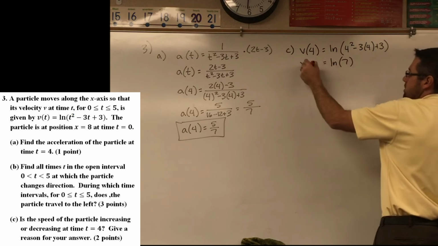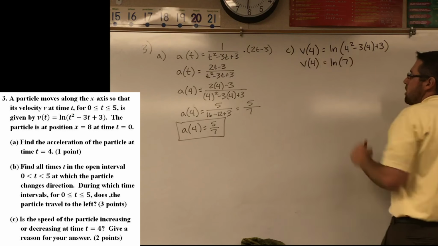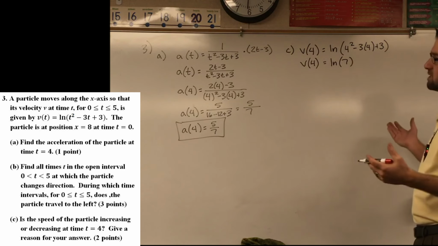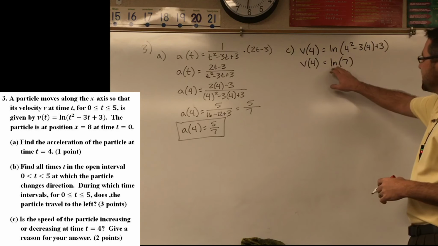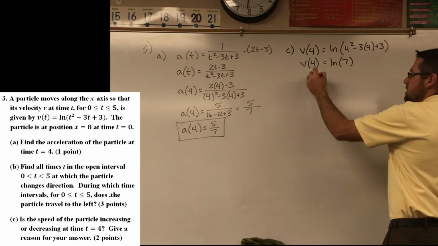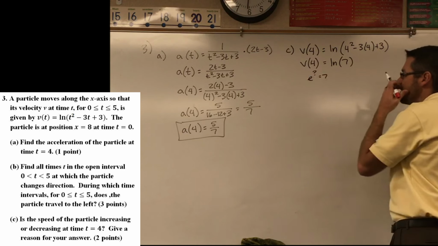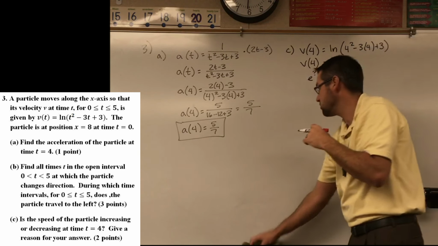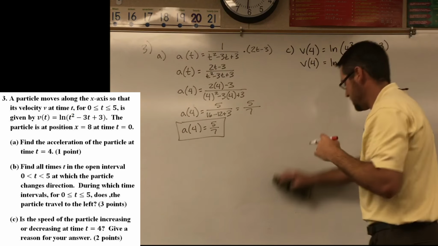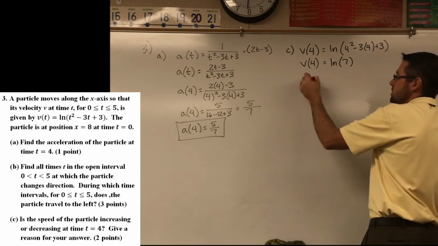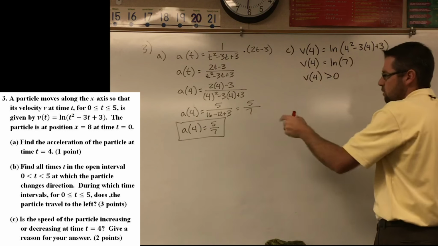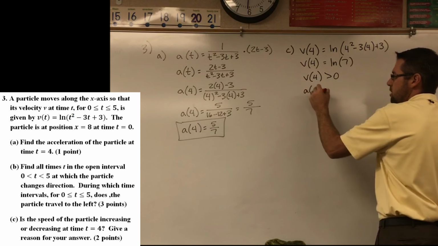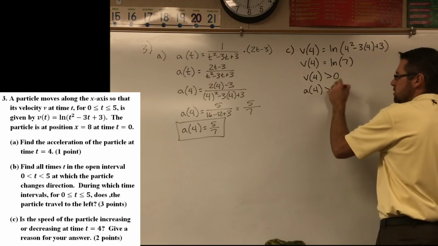So the question is, is the natural log of 7 a positive or a negative value? Well, if we rewrite this exponent, it would be e to what power? e to what power equals 7? Well, this would have to be a positive value in order for an exponential function to be 7. So we could say v of 4 is greater than 0. And we also know that a of 4 from part A is also greater than 0.